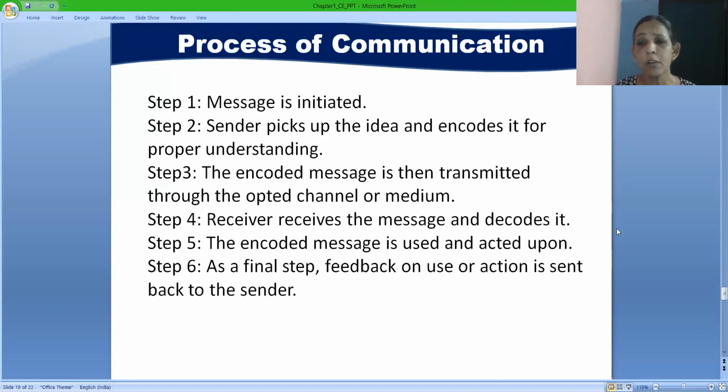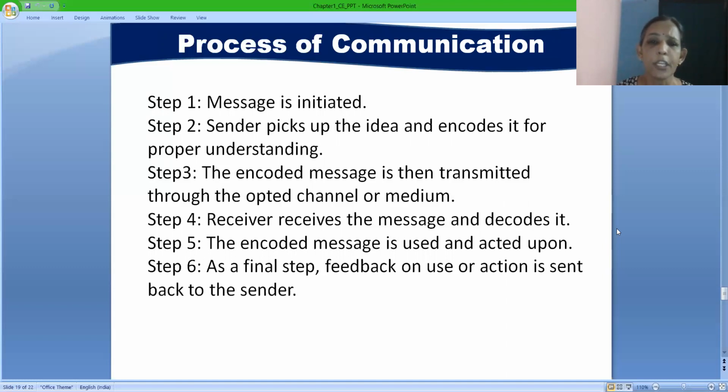Now, when we talked about the objectives of communication, whether it was to inform, to educate, to entertain, to promote, or to relate and get connected, we all understand that communication has to flow. The thought process in your mind has to come out in the form of words or some expression, so that it can be properly communicated to the other person.